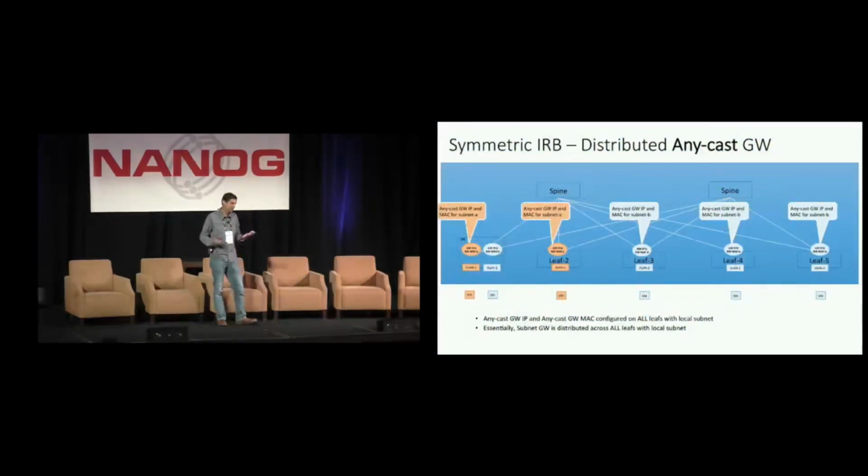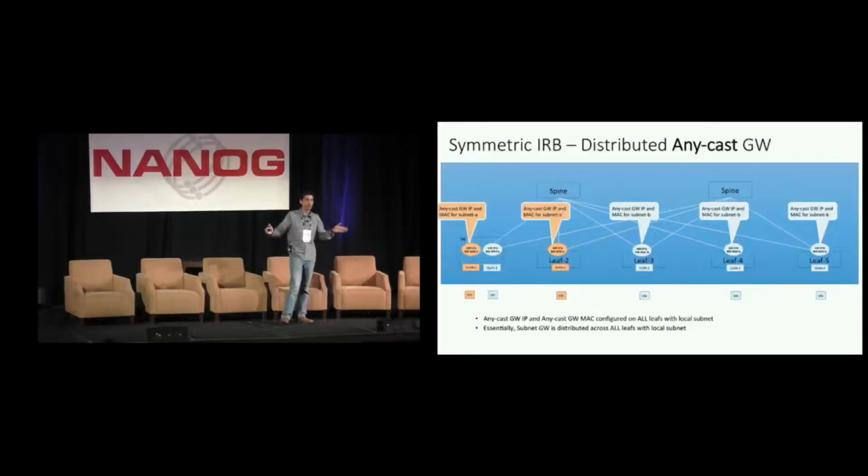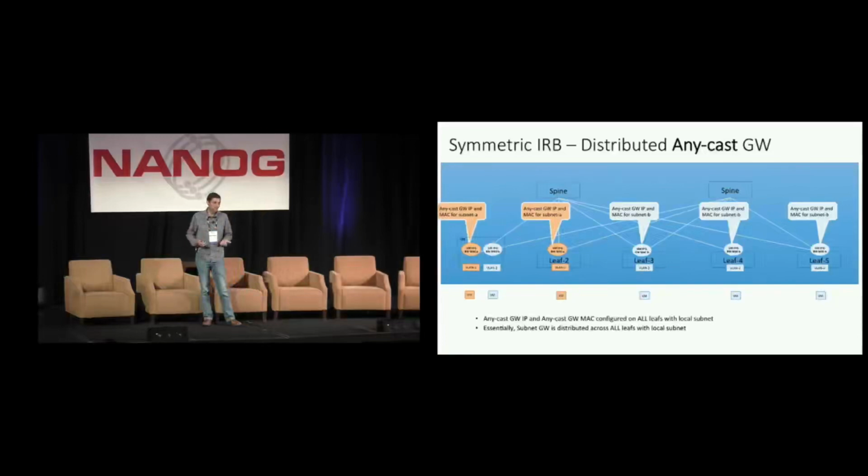This is accomplished by making this distributed gateway an Anycast gateway. Essentially, all the leaves that are part of a distributed gateway or first hop gateway for a given subnet are configured with the exact same MAC and IP for the default gateway. So you can look at it from the host point of view: the gateway for a given subnet or a given VLAN never changes.